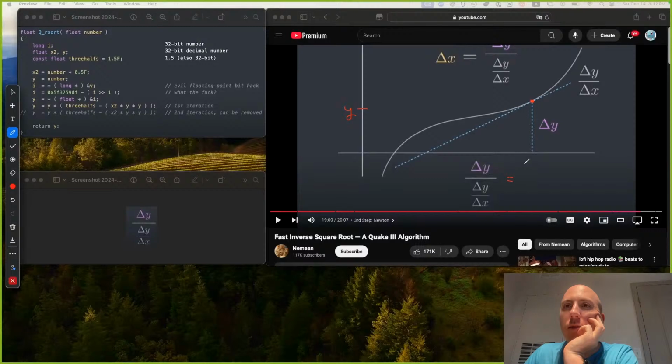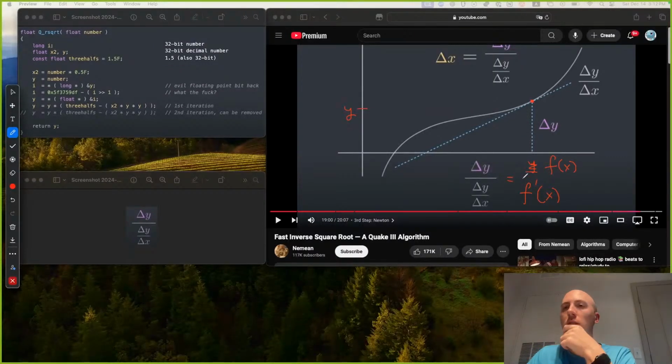So I would kind of think this would be more like y over the derivative at x. And I guess this is just the value at x.